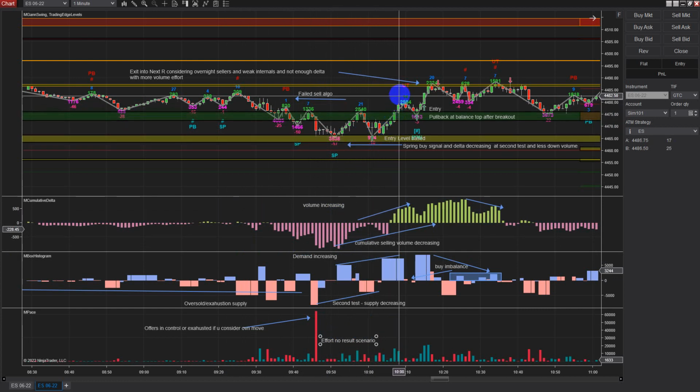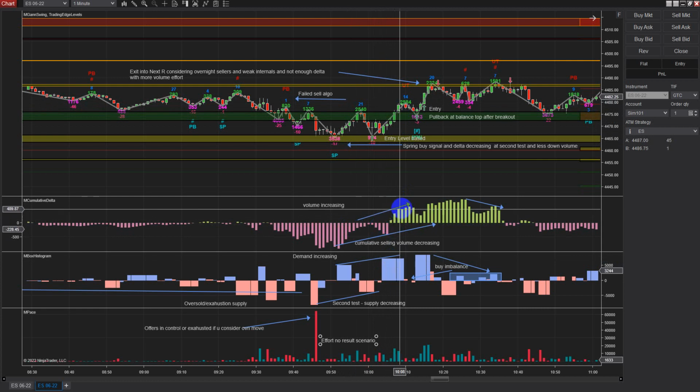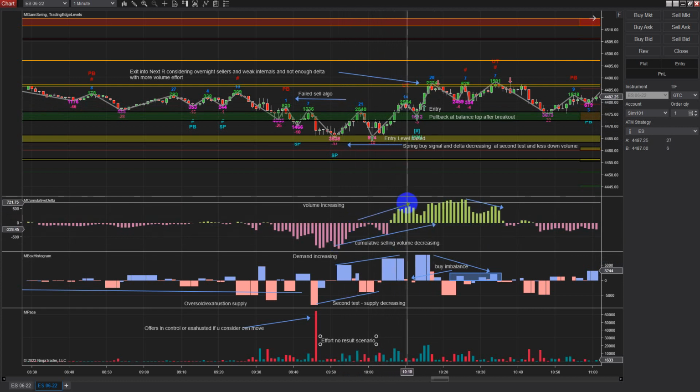And then when price broke out above this area, you can see there is more volume coming in, you know, more demand coming in, and this cumulative delta went negative to positive like this. And here also you can see this, right? So these are the confirmation now.